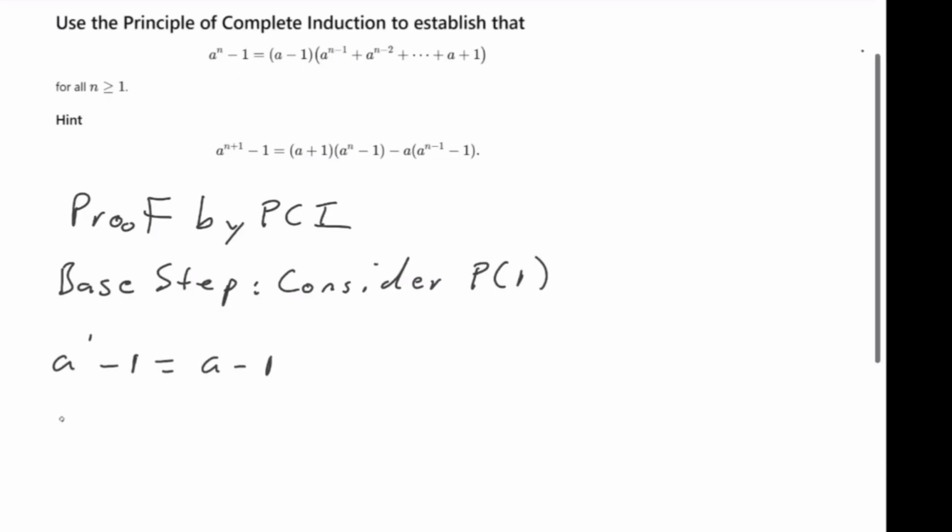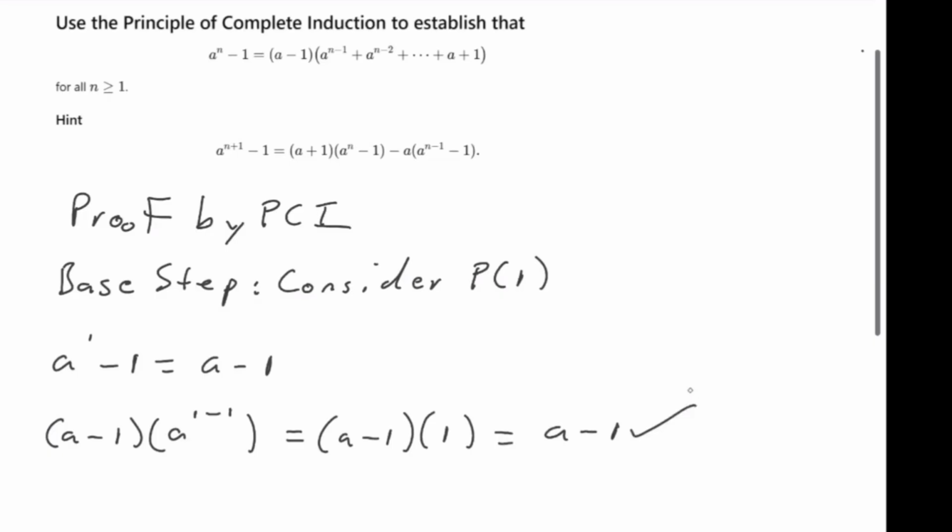And on the right-hand side, it's going to be a minus 1 times a to the 1 minus 1, because that's as far as we can go in this sum, right? Which is a minus 1. And a to the 1 minus 1 is a to the 0, so that's just 1, which is a minus 1. So it checks out.